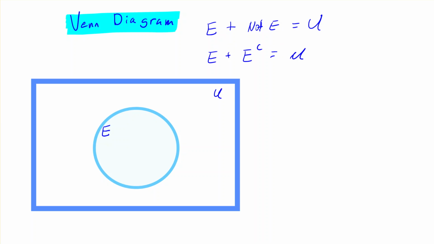And we can shade it to talk about that. So let me shade first event E. So here's event E. And if I want to add everything that is not E, let me shade it with another color. So let me actually write E complement is right here, outside of E. If I add these two things, I get universal, everything, U. So we can also apply this in the context of probability.